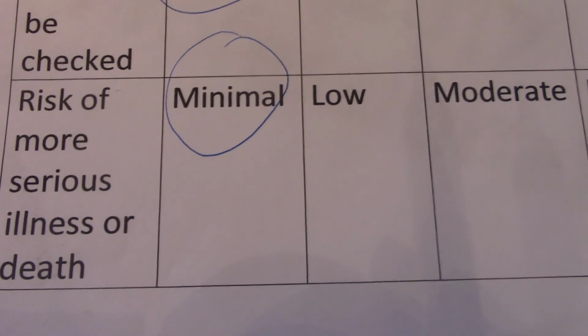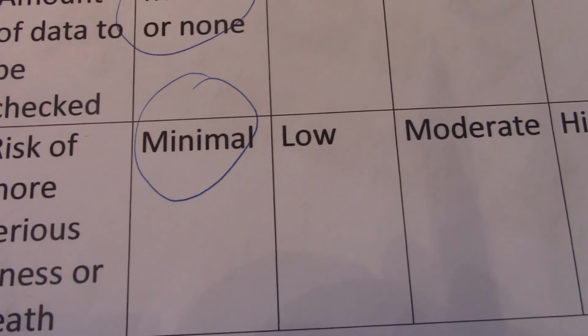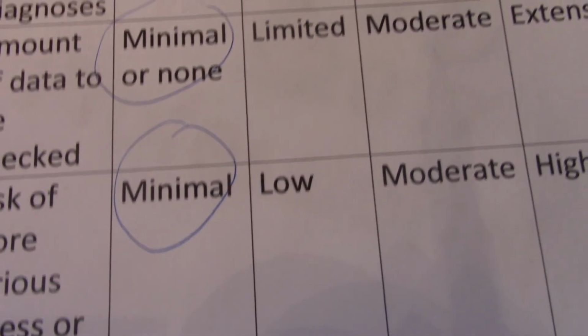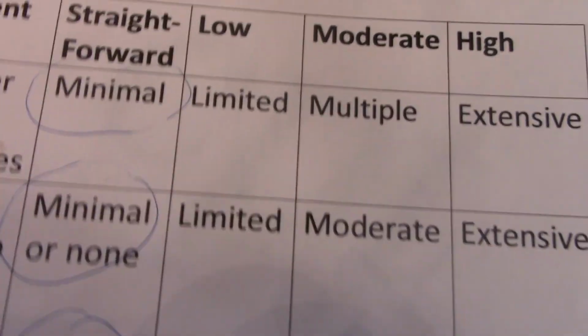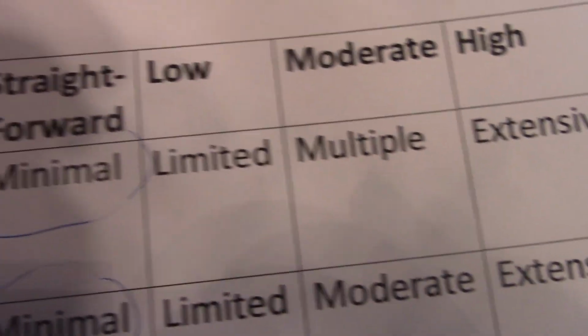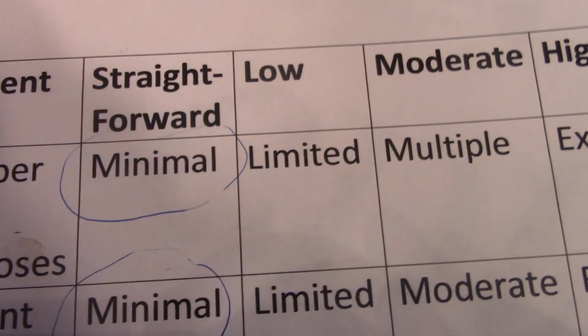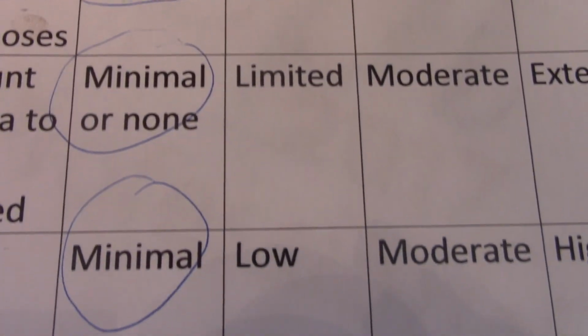Okay. So if you circled each of these terms on the chart, it would look like this. Minimal, minimal, minimal. So that tells you what your decision making is right there. Straightforward, because it came straight down under straightforward, right?